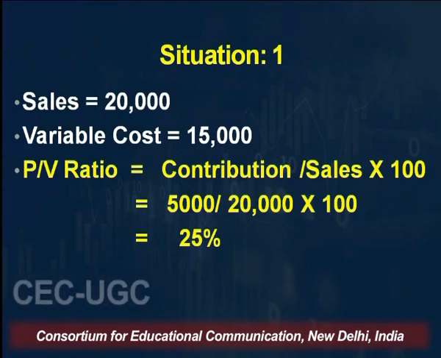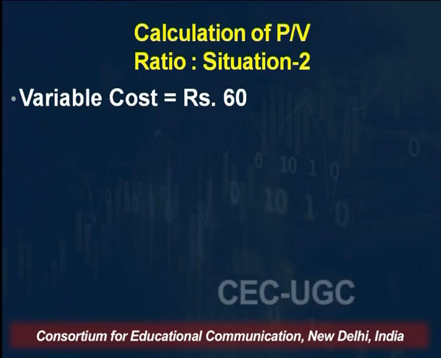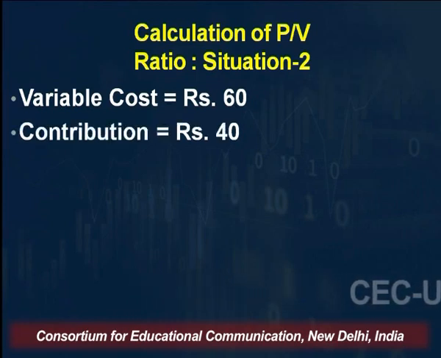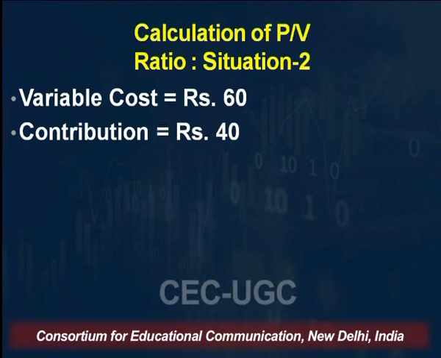It is the simplest type of problem where you may be asked to calculate PV ratio. Coming to situation number 2. Again you have to calculate the PV ratio. Your variable cost per unit is rupees 60 and contribution is rupees 40.